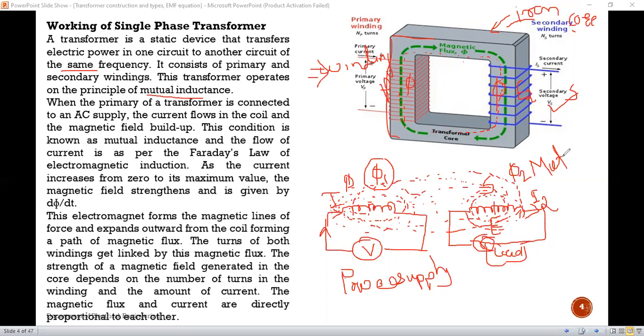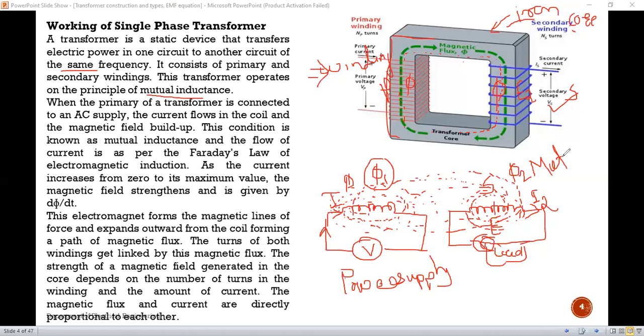Okay, so see, the mutual induction principle is that when we consider two coils that are not electrically connected to each other but are magnetically coupled, then when supply is given to one coil, it sets up some induced EMF in the secondary coil.